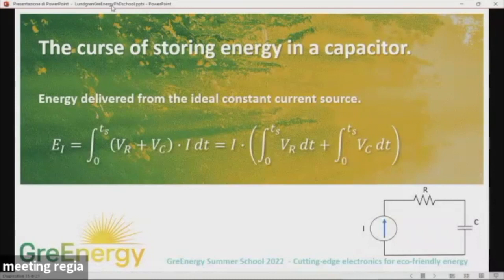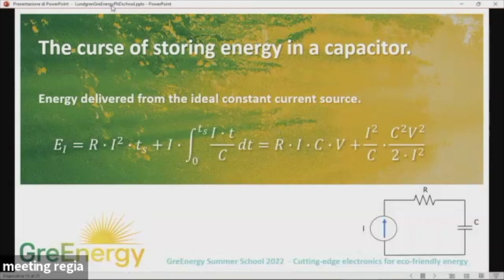And in this case, we can calculate the energy delivered by saying, okay, the total voltage is the voltage across the resistor plus the voltage across the capacitor times the current, the constant current. We can remove the current from the integration, and we have an integration up to the stop time for both voltages across resistor and capacitor. And we can do some integration, and we will have two terms.